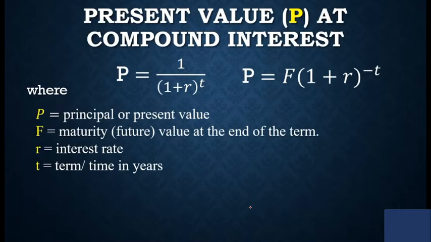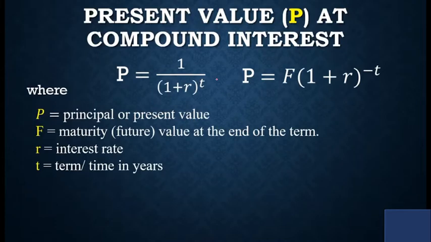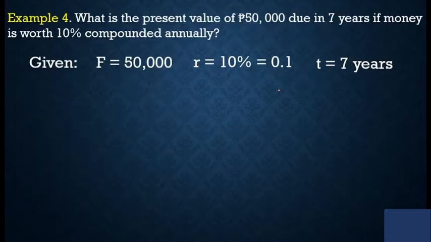First, what is the present value of 50,000 due in 7 years if money is worth 10% compounded annually? Okay, so using this formula po, ang kuhaon ani is the P, principal. Imuha lang i-substitute dari kanila imong gamiton para mas madali ka. Try to answer po. Nag-solve mo, students?